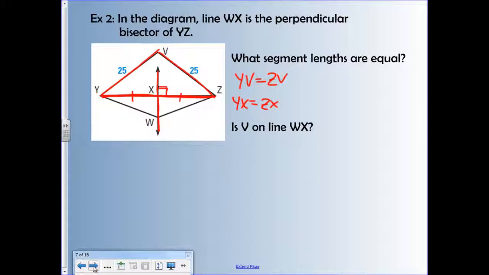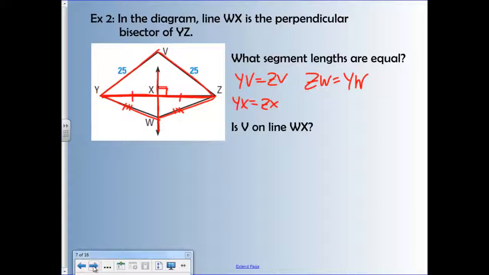We've been working with this a long time. Your X's have to match up. YX matches up to ZX. If I were to fold this in half on top of each other, they'd match up. ZW and YW would also match up. And again, those W's are last. They have to match up because they're in the same corresponding location.